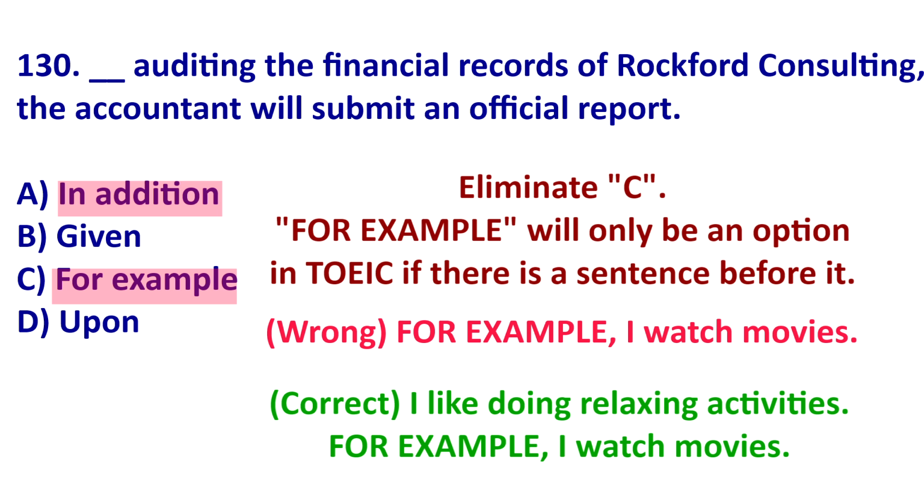This makes no sense without a sentence before it. However, if I say, I like doing relaxing activities, for example, I often watch movies. In TOEIC, if your option is for example, you can only use it if you have a sentence before. So it is not for example.